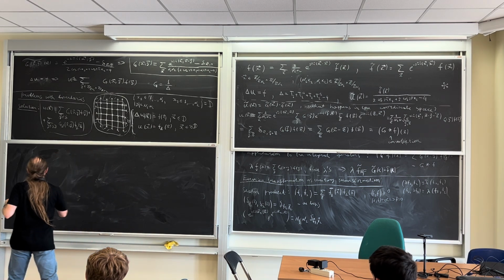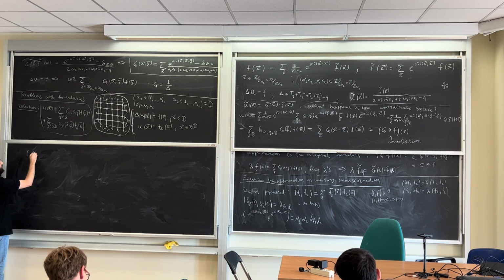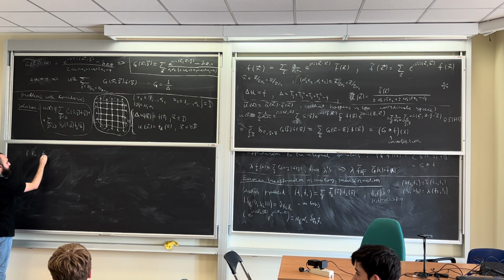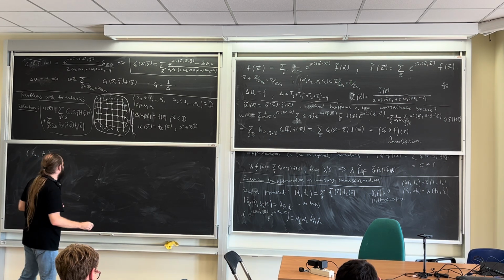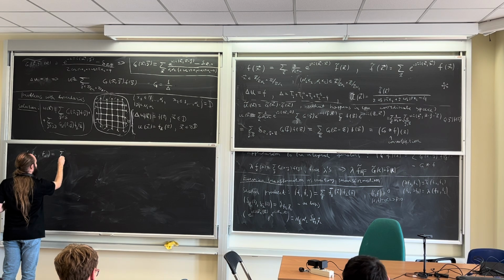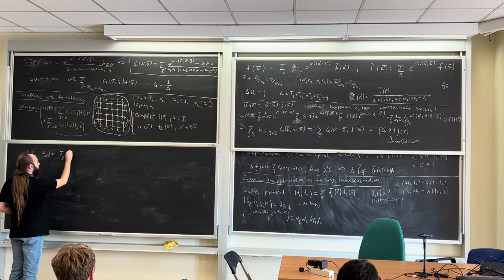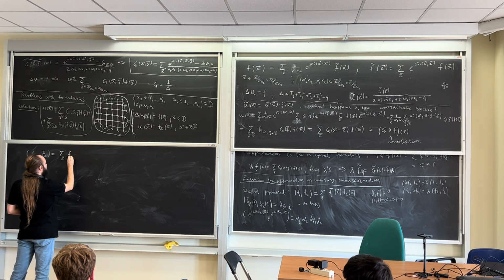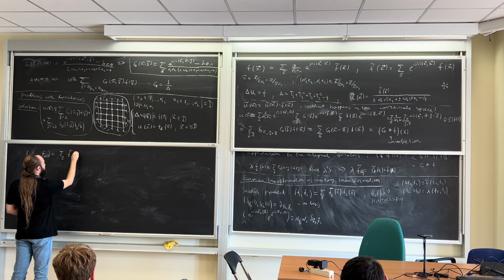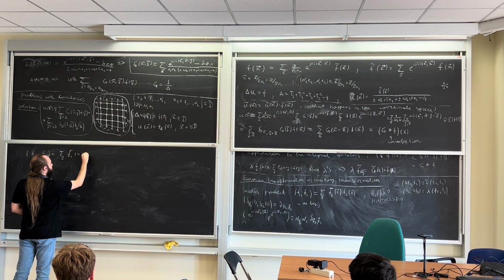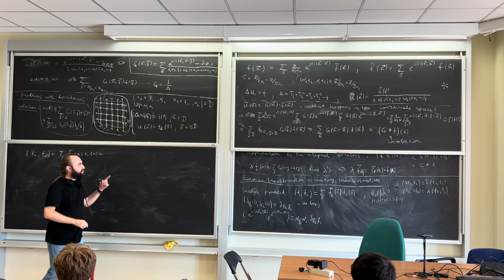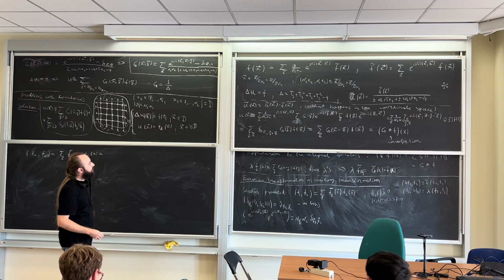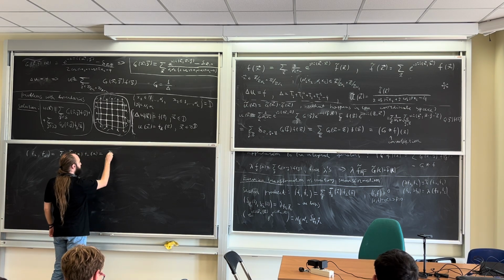So we want to compute the product of two functions in terms of their Fourier components. We have f1 times f2, which is the sum over x of f1 bar of x f2 of x. Now substitute these formulas in terms of Fourier components.